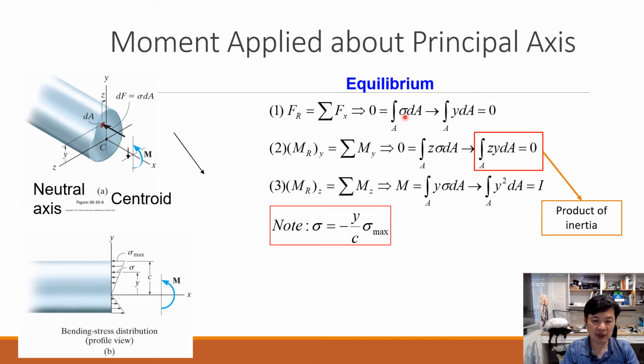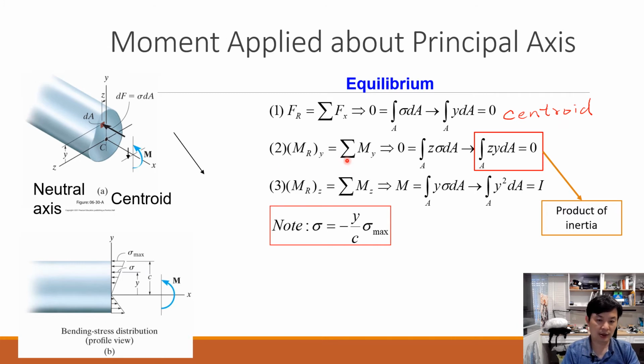So after we substitute the sigma equation into this integration, and then we remove all the constants c and sigma max, we only have the integral of y dA equals 0. We know that it's coming from the so-called centroid function. You can use this function to determine a correct centroid location.